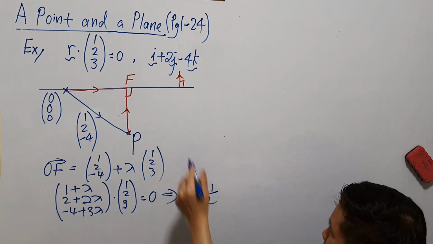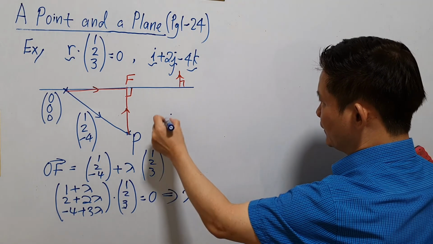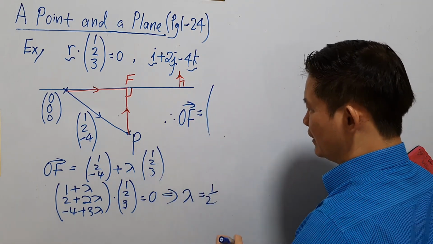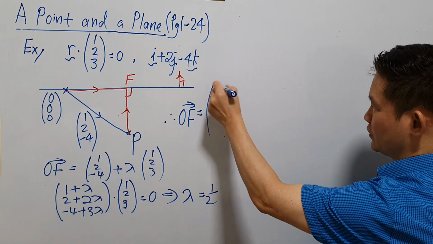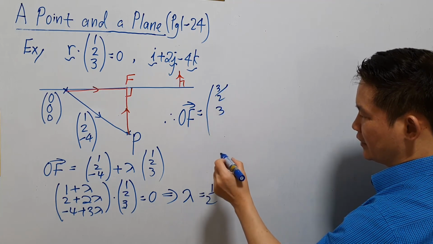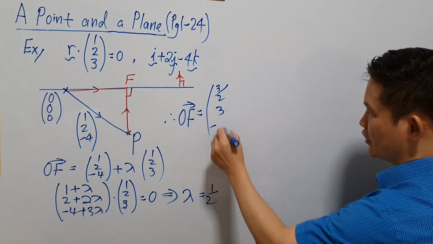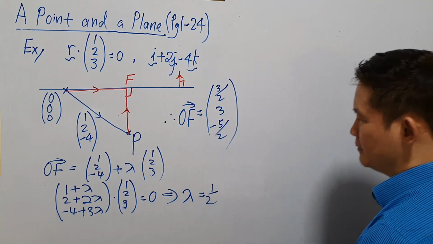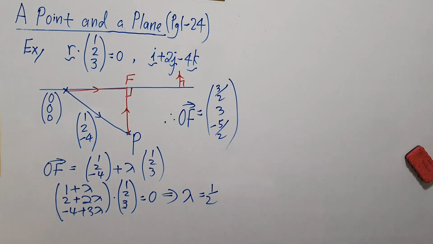So therefore, if this lambda is half, your OF will turn out to be (3/2, 3, -5/2). Let me see. Minus 5 over 2.